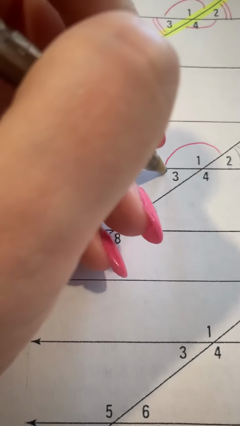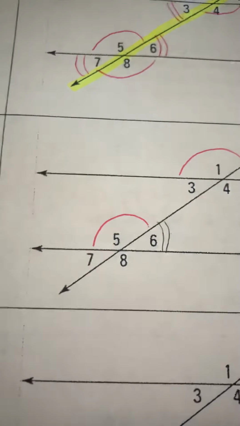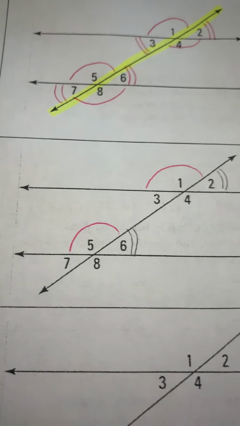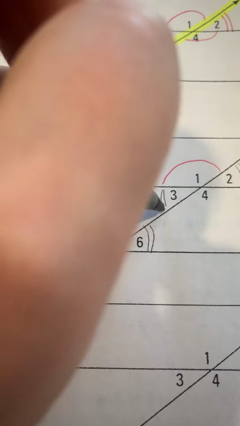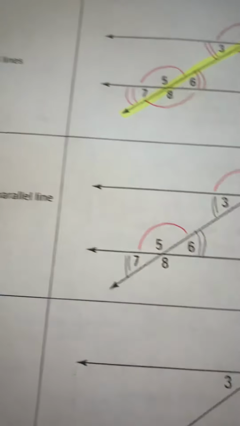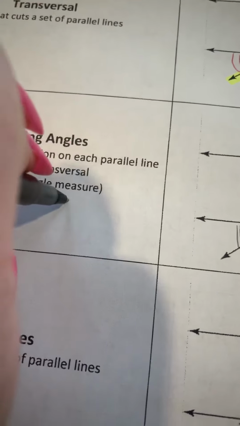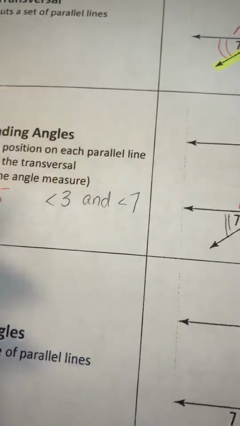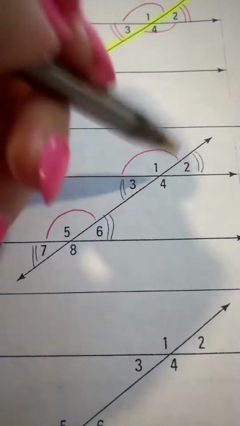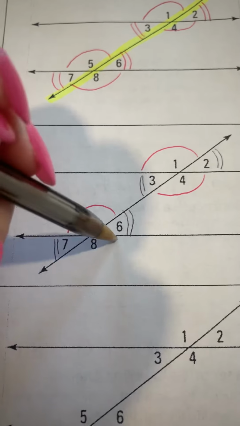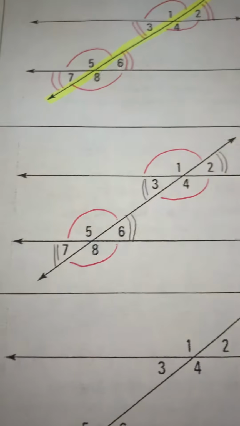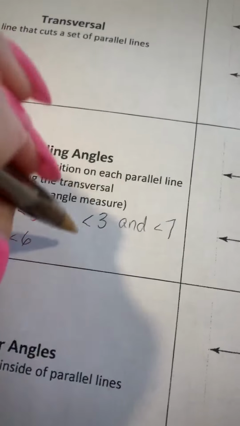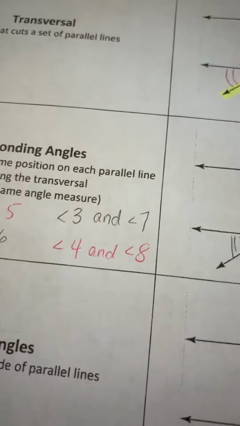How about angles 3 and 7? So angle 3 with angle 7. And then lastly, angle 4 with angle 8. They're both in the bottom right of their cluster. So those are corresponding angles.